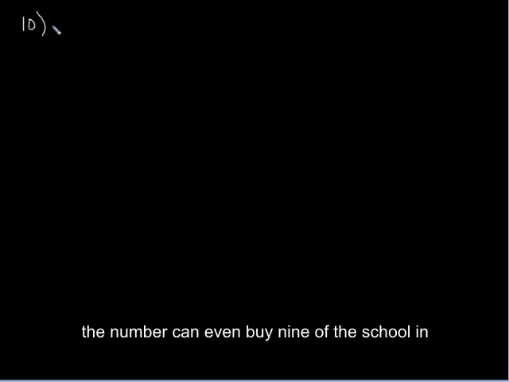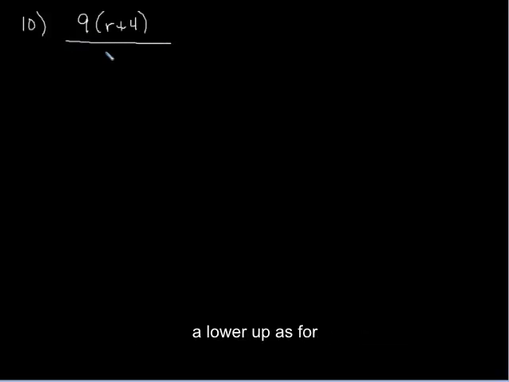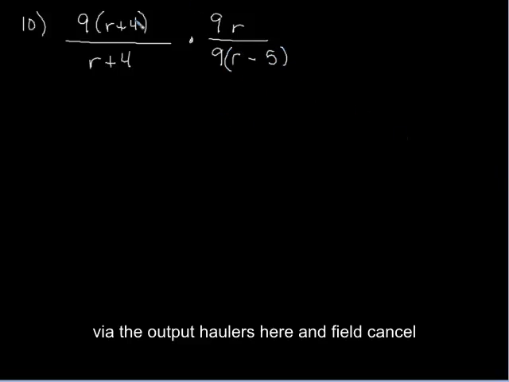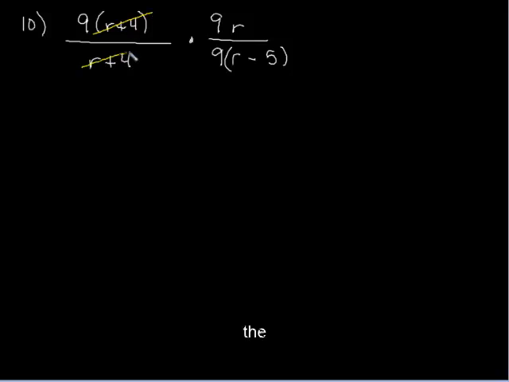Okay, number 10. You have a 9r plus 4 over r plus 4. And you have 9r over 9r minus 5. Yeah, your r plus 4s here and here will cancel.